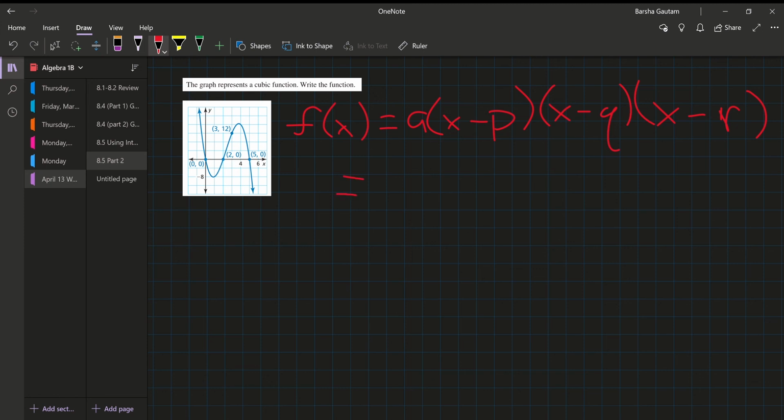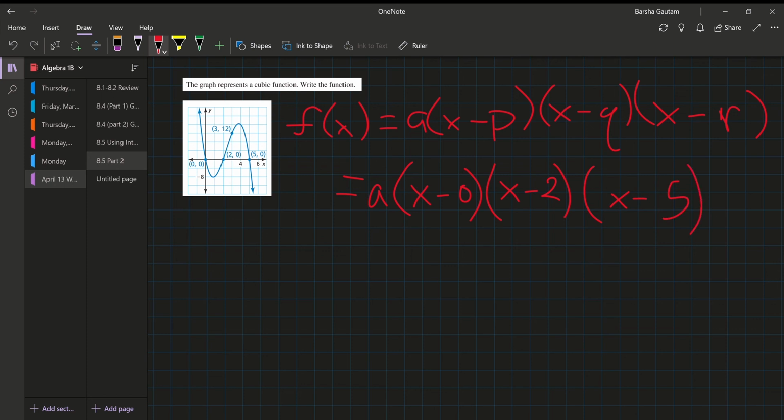So let's do this over here. So we're going to leave a alone once again, and leave the x alone too, right? And we're going to plug in for p. So our first one was 0, so x minus 0. Our next one is 2, so we're going to do x minus 2. And our last one is 5, so x minus 5.